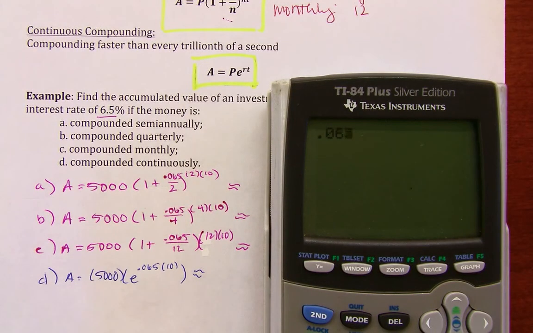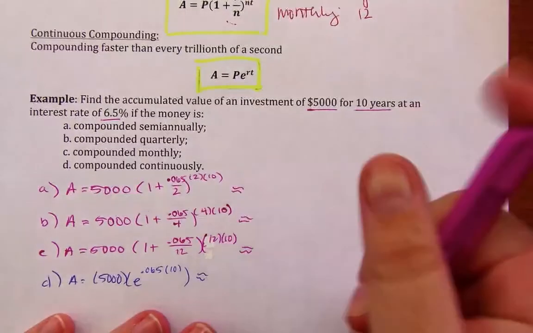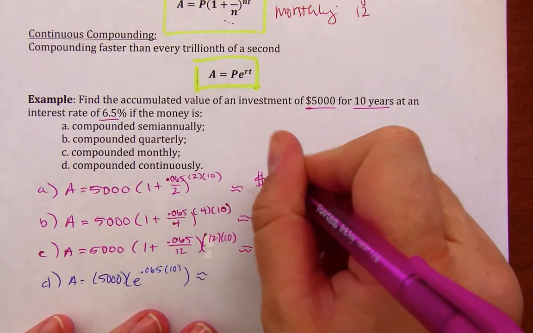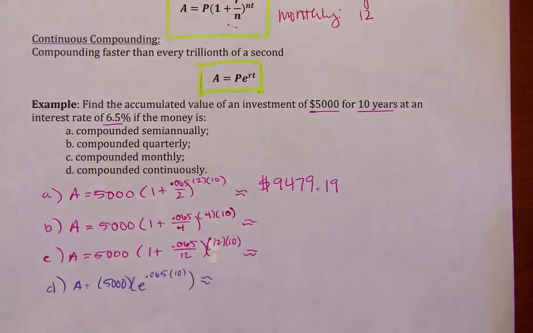So 0.065 divided by 2 plus 1 to the 20th power times 5,000. And that's how much I'll have after 10 years. Now, we're talking about money here, so we want to make sure that's the way we write our answers. So $9,479.19 is what I'll have after that amount of time.